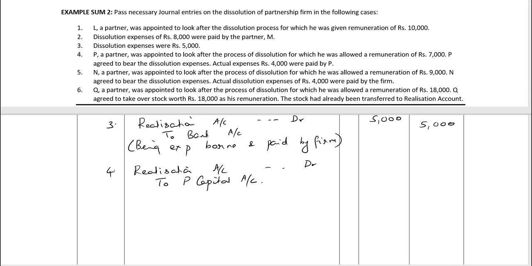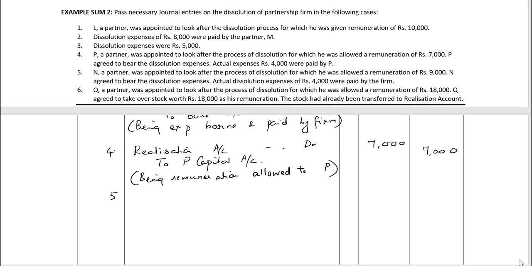Amount of remuneration 7,000 rupees. Narration: being remuneration allowed to partner P. It says P agreed to bear the dissolution expenses and he also paid the expenses of rupees 4,000. Dissolution expenses borne by partner, paid by partner, no journal entry for the rupees 4,000.